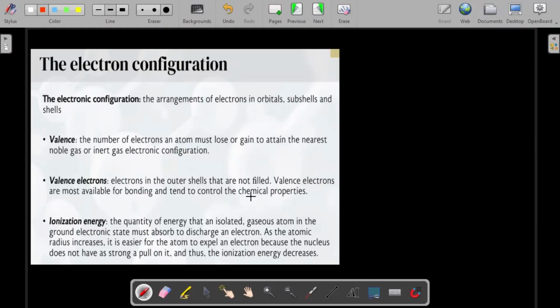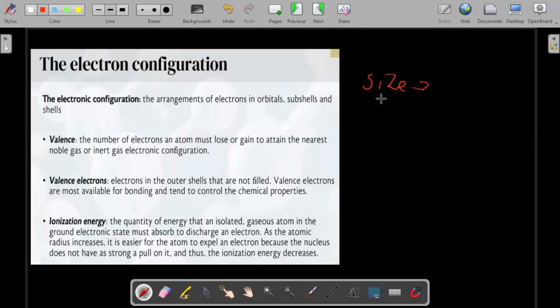You will notice that as the atom increases in radius, we are talking about the size, as an atom increases in size, ionization energy also reduces.